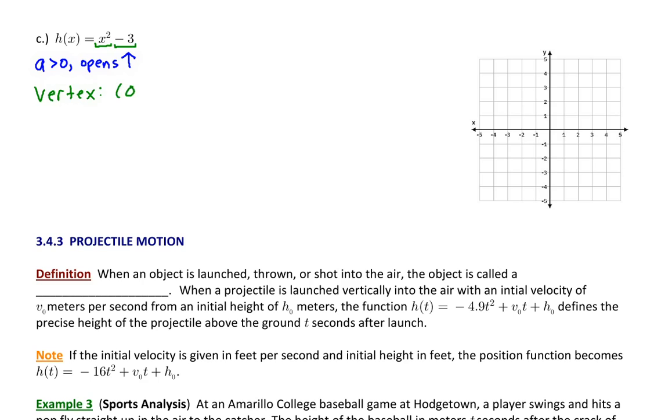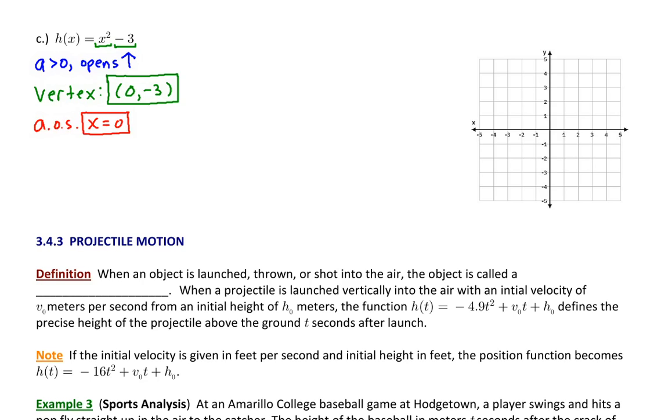So our vertex is 0, -3. We would find 0, -3 if we applied the -b over 2a formula to this one, but this process is a little bit more efficient. Our axis of symmetry is therefore x equals 0.